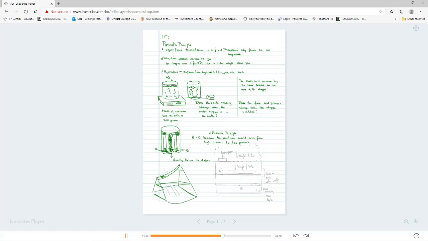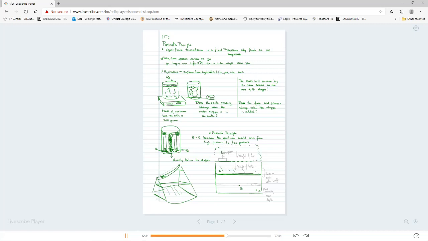If we have a pool of water here, at various depths in the fluid, say here's A, here's B, and here's C. At A, it only has to deal with this water level all the way across A. If you think of it as a thin sheet of paper, it has the weight of the water above it, which would be all of this amount, and the weight of the atmosphere.